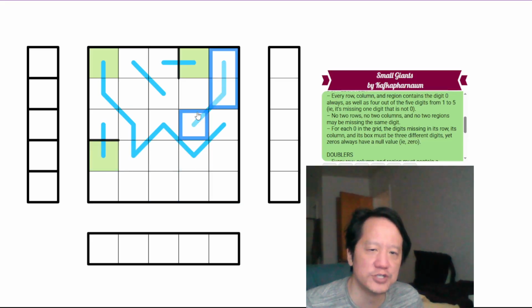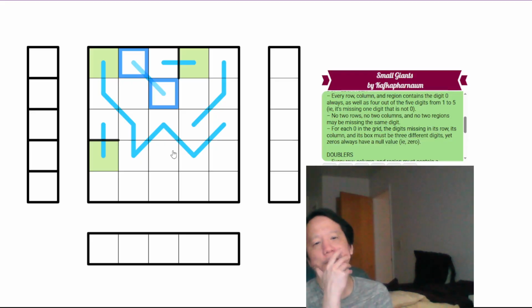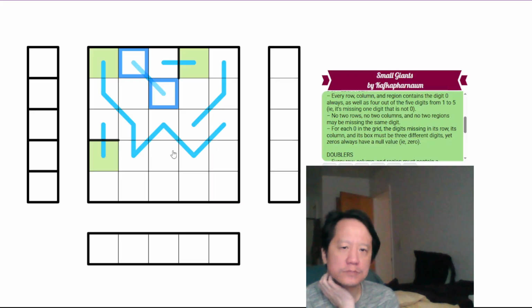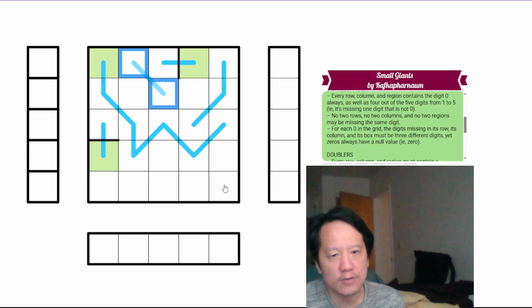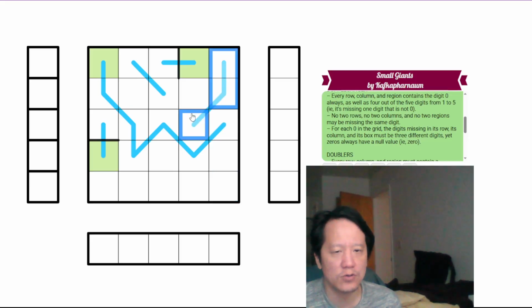One of these two is a region number. We need a region that will go to here, right? And none of these currently can access that. So whatever region goes here has to be essentially the region number here.